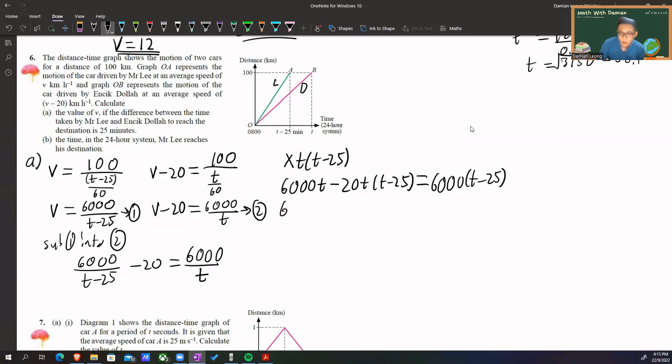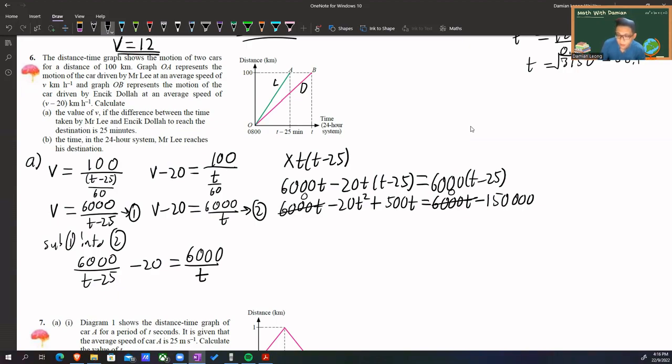So it's 6,000 T minus 20T squared, same sign, plus 20 times 25 is 500, so 500T equals 6,000T minus 6,000 times 25, which is 150,000. If I minus 6,000T on both sides, this becomes 0.